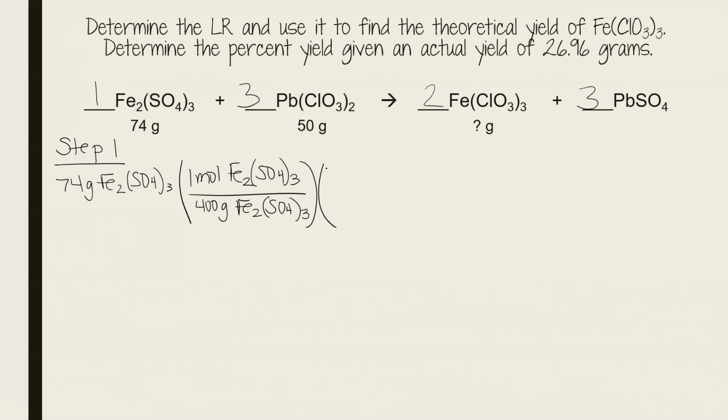Okay, my mole ratio is 3 to 1 because I'm only comparing the reactants. Make sure you have a unit and a label on everything and make sure those are correct or it's half a point off.